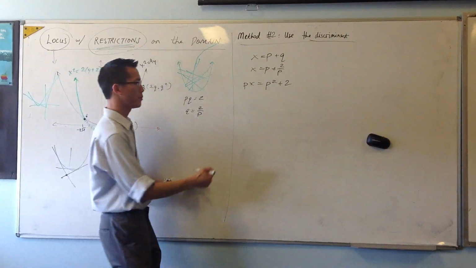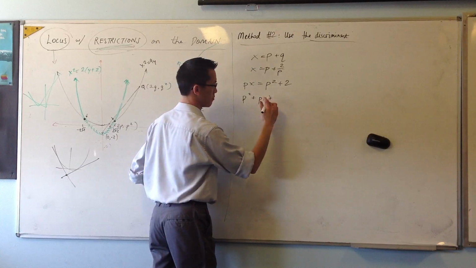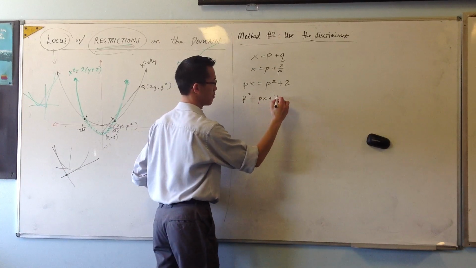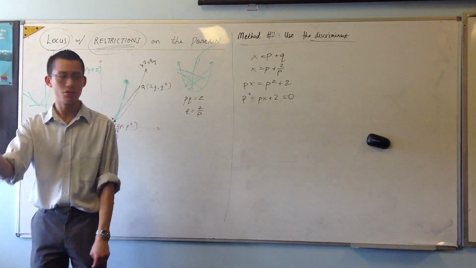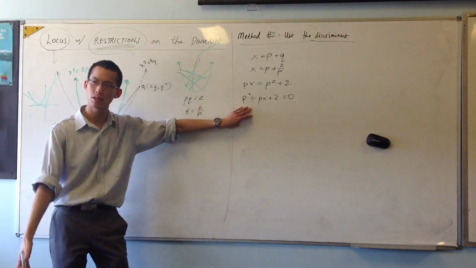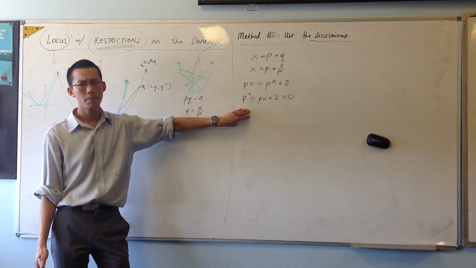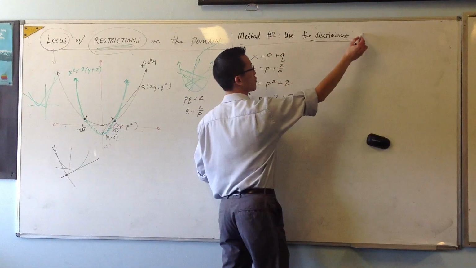Let's get it into general form. So p squared plus px, minus px plus 2 equals 0. Okay, now stop. Remember I just told you, this is the parameter, right? And the parameter has to exist. There have to be some solutions for this, right? So, if there are solutions to this, what does that mean about its discriminant?